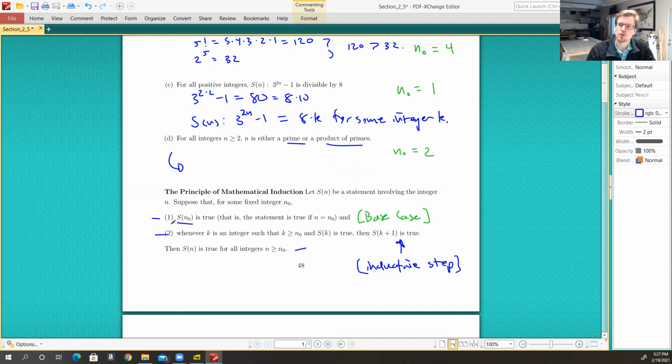So we just need to show these two things. Show it's true for the base case, show it's always true for the next thing, and then, hey, if it's true here and it's always true for the next thing, we can just keep moving forward, and it's true for everything. So that's the idea of mathematical induction with the principle of mathematical induction.